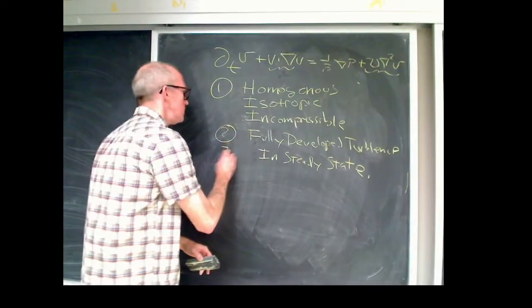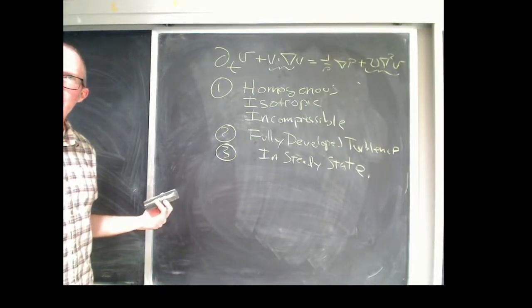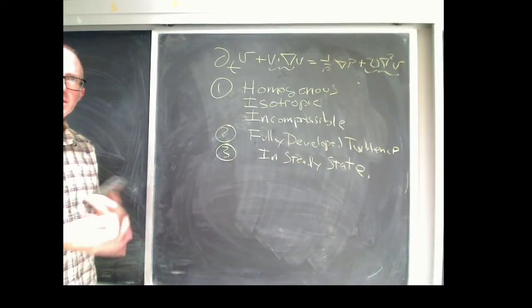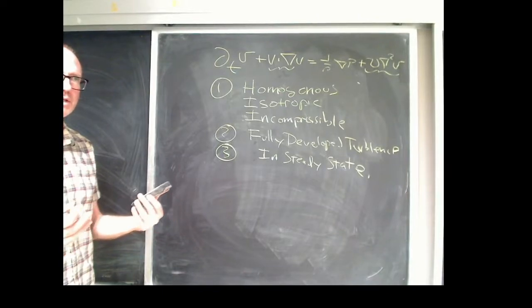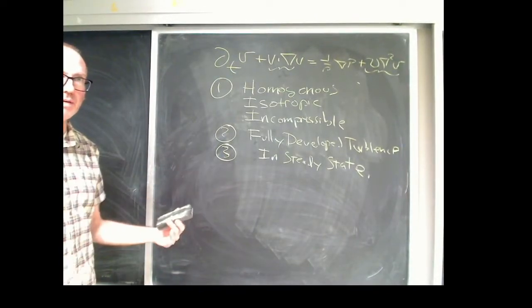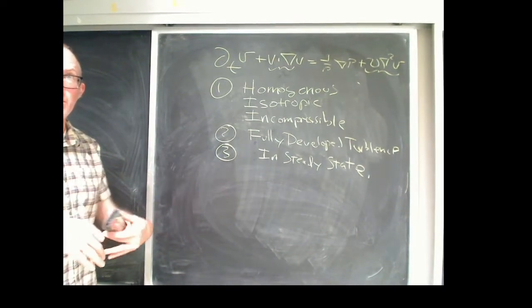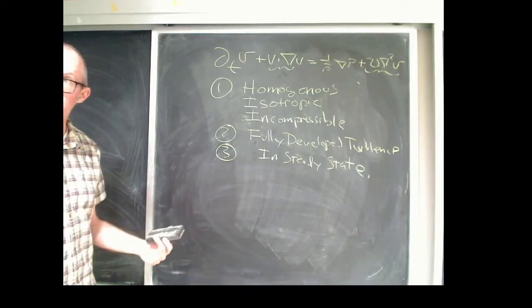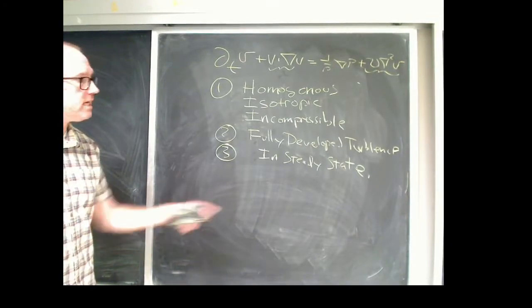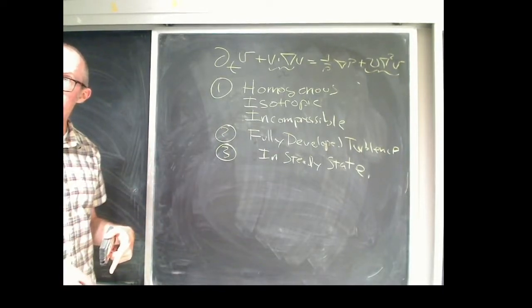The steady state means that I'm not dumping energy into any particular part of the system. Say I've got a pool and I'm just kicking my feet in the pool, stirring stuff up. I'm dumping some energy into the system. That energy is getting dissipated by the fluid dissipation. So I have this steady state where I balance the input and the output in the energy term. Does that make sense?